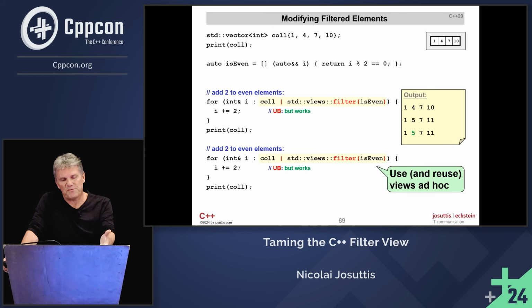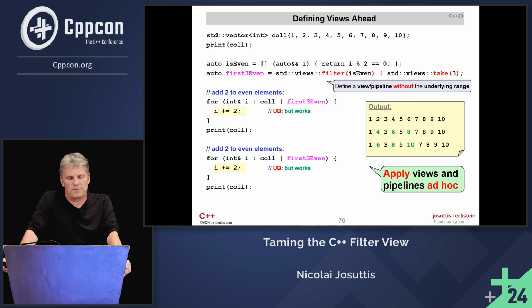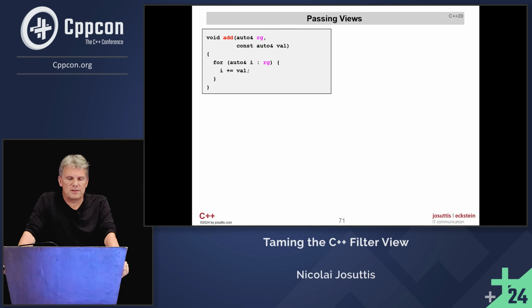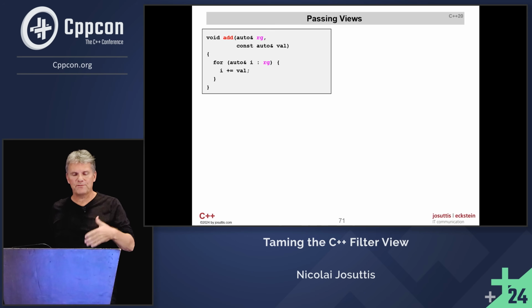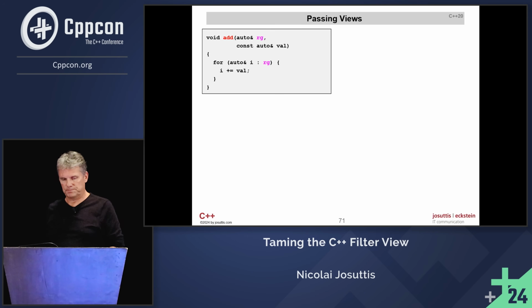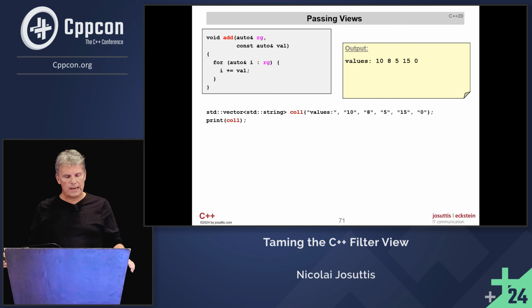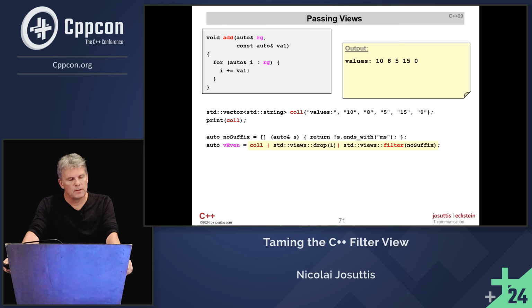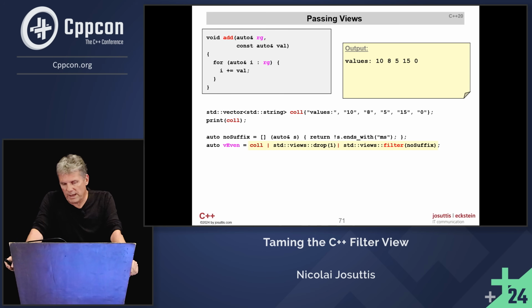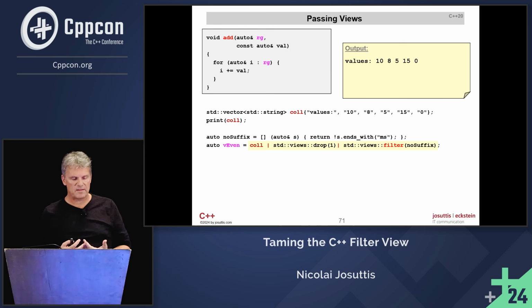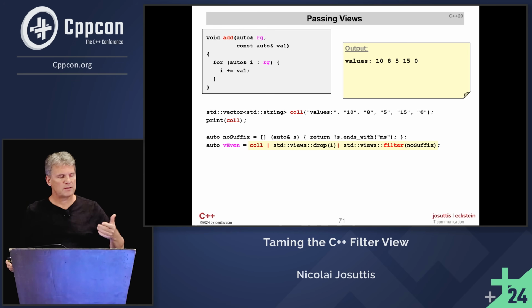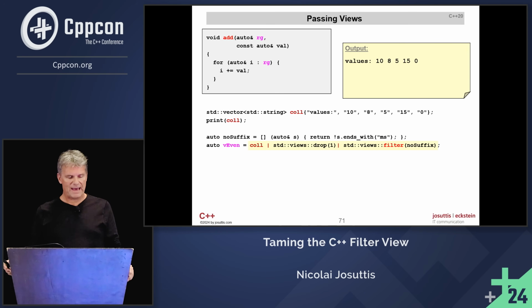If you want to specify what you want to do, that has an interesting consequence. Think about this code: you want to add a value to a range, and you have some values here. The usual way you would expect is to define what to process ahead and pass it as an argument to this add function.